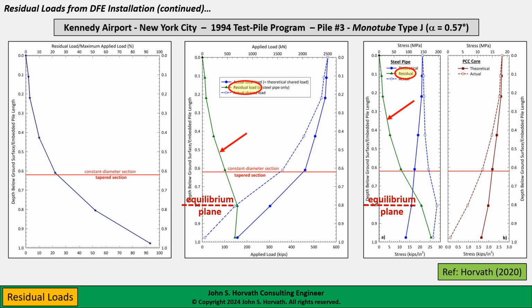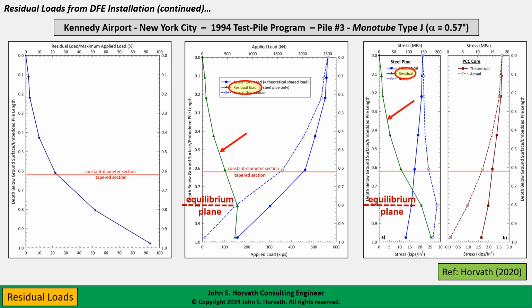And this illustrates quantitatively a point that I made earlier, and that is, although the axial force from residual loads always peaks at the equilibrium plane, you have to be careful. The axial compressive stresses, normal stresses, may or may not peak at the equilibrium plane. And in this case, they don't.